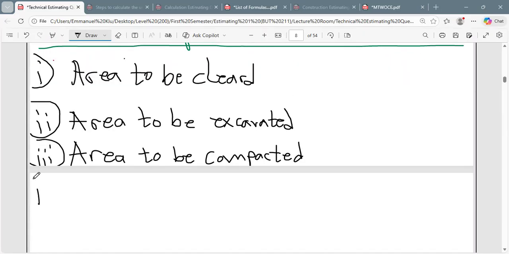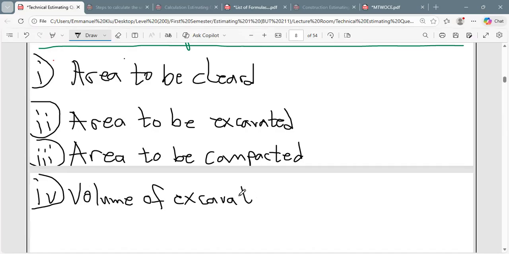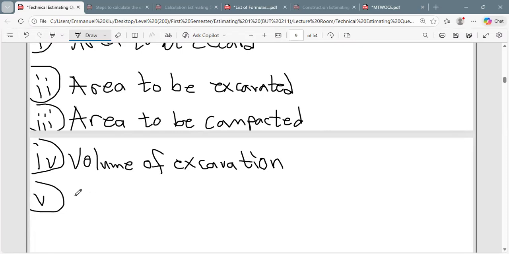Then the fourth is the volume of excavation. Then we are coming to the fifth, the area of holding.